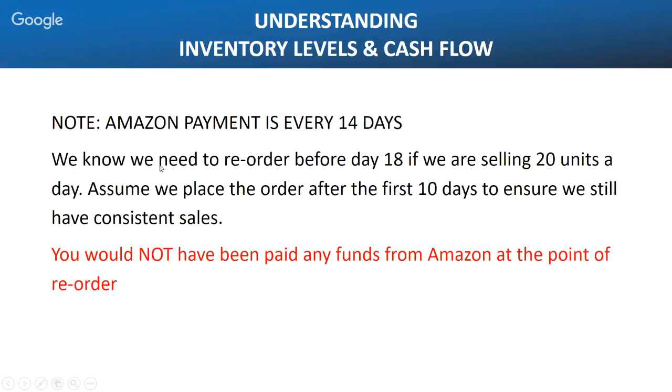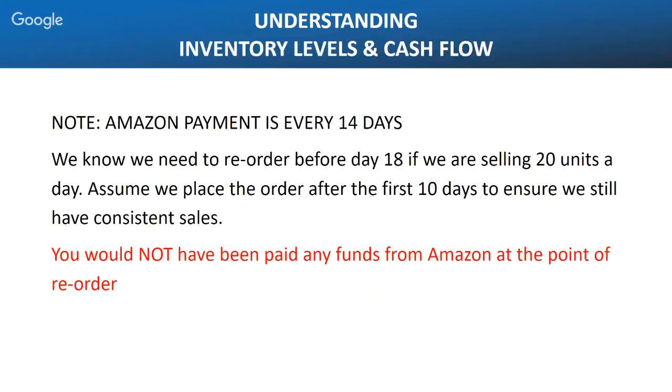So we know that we need to reorder before 18 days. Okay. Anywhere between 0 and 18 days was our trigger point, remember? And if we are selling 20 units a day, assume that we place the order after the first 10 days to ensure we still have consistent sales. Don't forget, we don't get paid until day 14. Okay, so therefore the assumption here is you had not been paid funds from Amazon at this point.